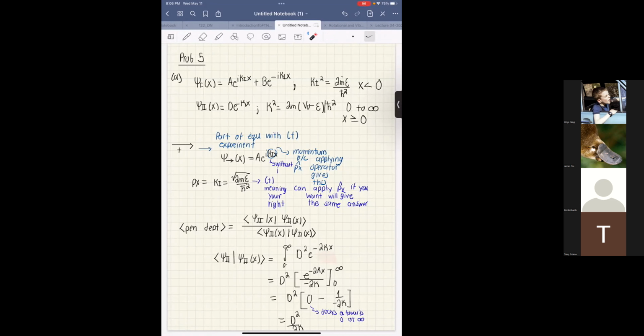I'm confused because you said that because infinity was negative, it goes to 0. Yeah, because when you plug in infinity here, it's negative 2k times infinity, so you're basically going to have negative infinity.